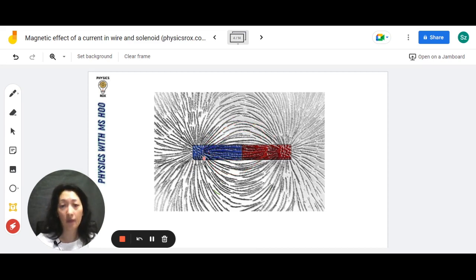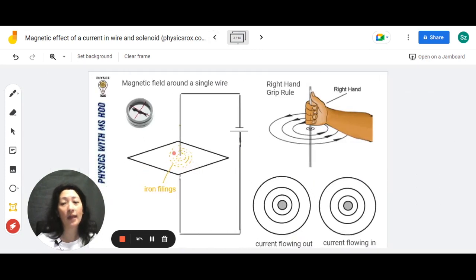If you recall what you learned about magnets, these are the shapes of the magnetic fields formed around a permanent magnet. So the iron filings can show the shape of the magnetic fields, and that's exactly what is being shown over here. So again, iron filings prove the existence of magnetic fields around a current that's flowing through a wire, and the shape of these fields is circular.